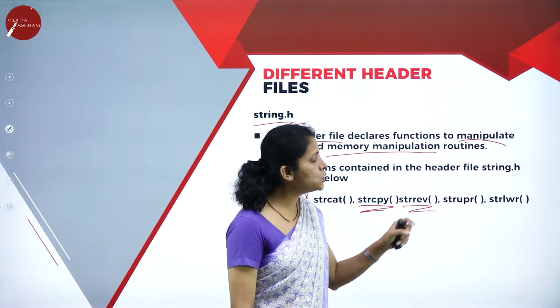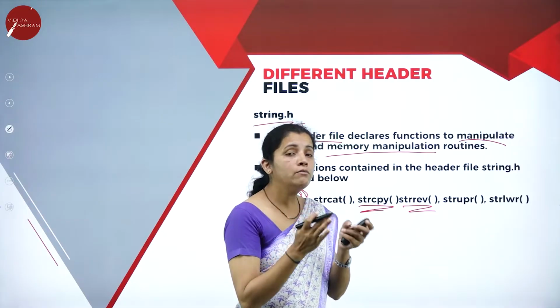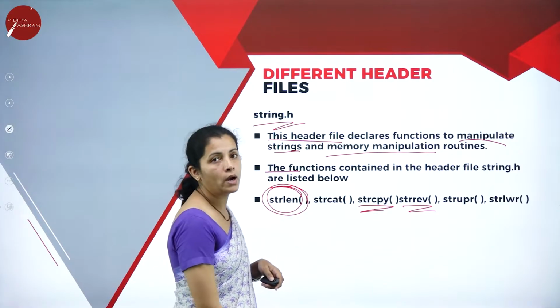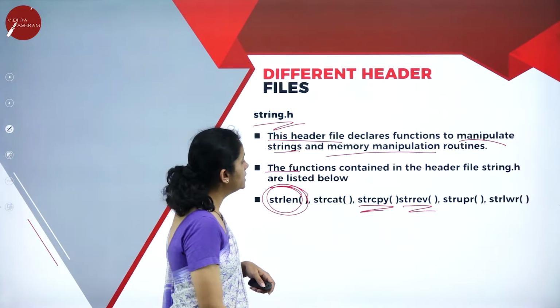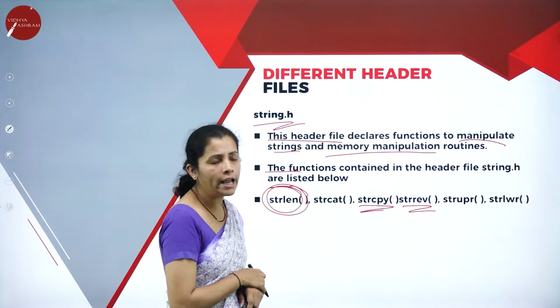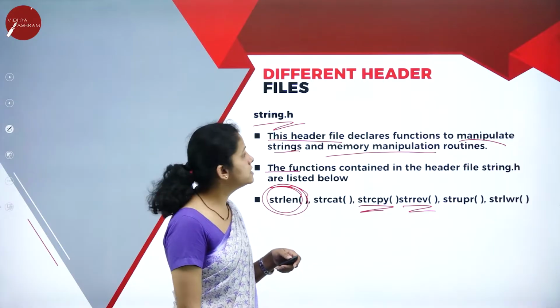Then what is string lowercase? Whatever string I have, if I want to convert that string to lowercase, at that time I'm going to use string lowercase. These are the functions supported by string.h, and all these functions are related to the string.